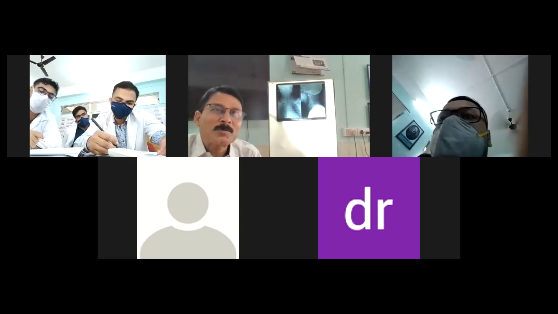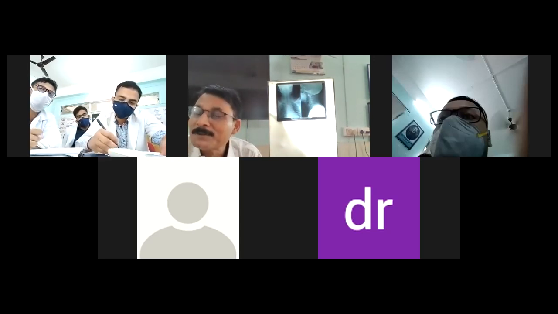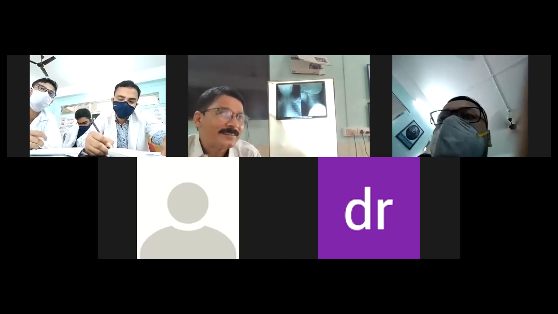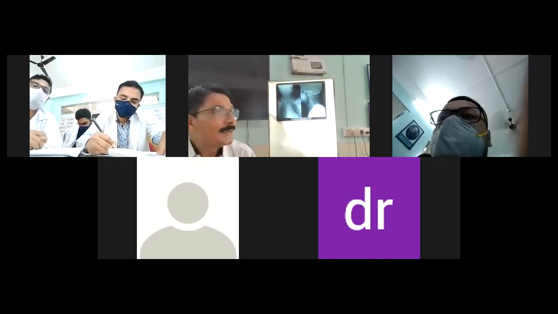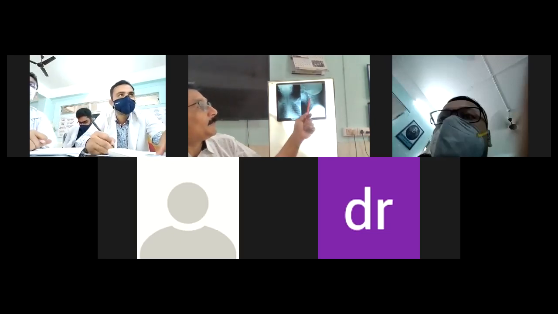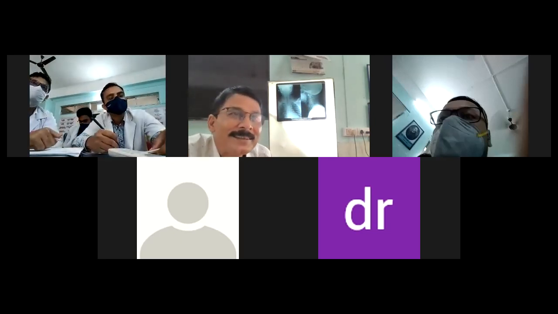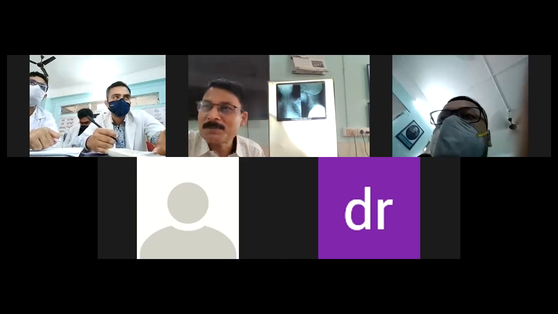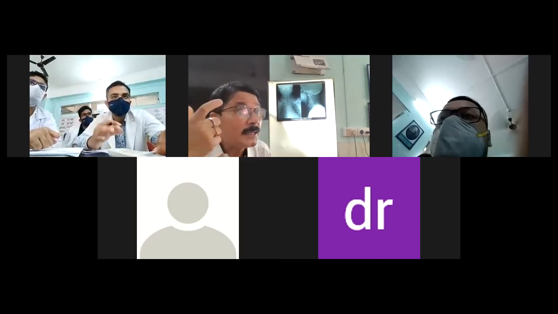In the bone, you are supposed to look from the base of the skull up to C7, whatever is coming in view. Look at the orientation. Are they okay? There may be a fracture. Many things may happen. There may be a compression fracture. There may be a burst fracture. There may be a congenital deformity also.